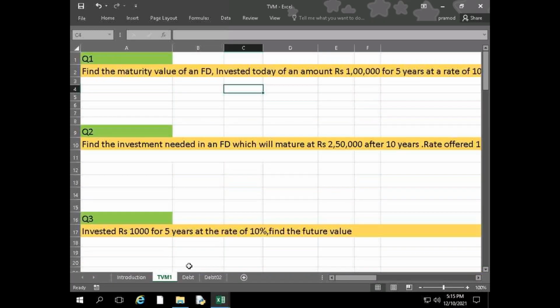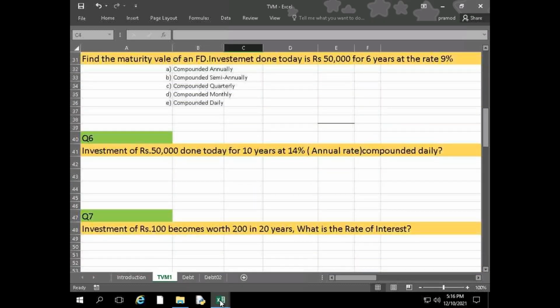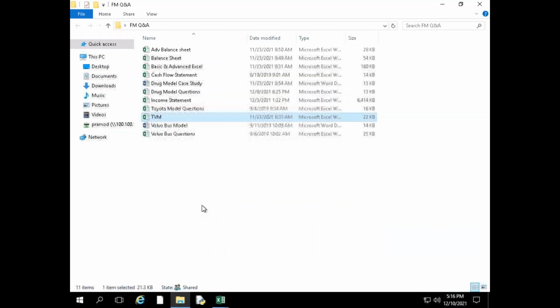Which question? The last question, sir, question 15: APR compounded monthly to accumulate 10 lakhs. That one, sir.